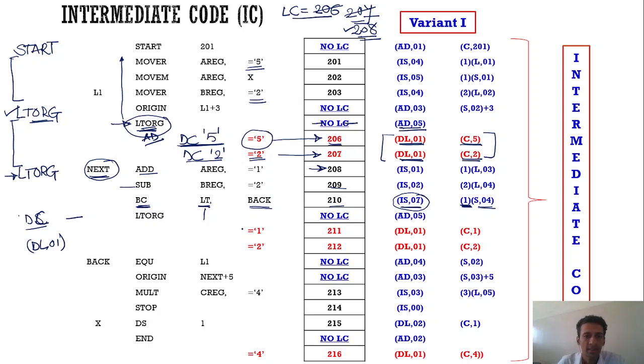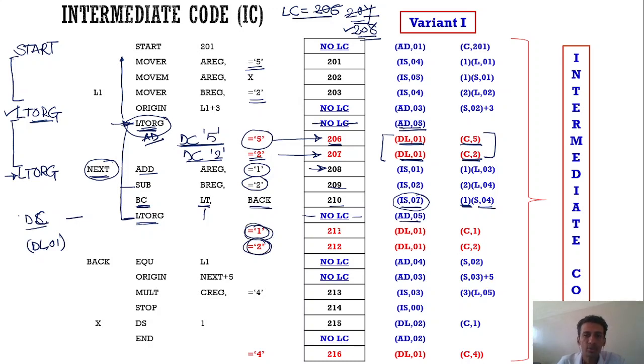Now similarly, this is the LTORG statement, again assembler directive AD comma 05, no LC processing. Then literals 1 and 2, that is between two LTORG statements, whatever literals we have used, so we have used 1 and 2. Okay, so we will be allocating memory to literals 1 and 2.